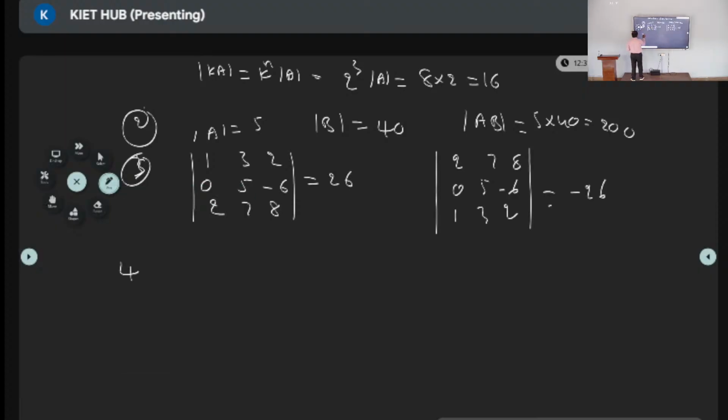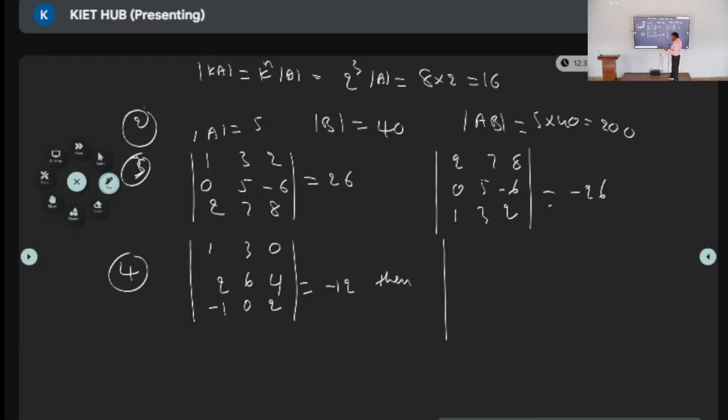Fourth question. Determinant of the matrix 1 3 0, 2 6 4, minus 1 0 2 is minus 12.